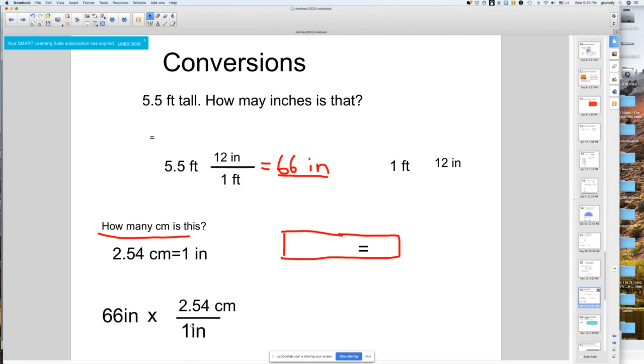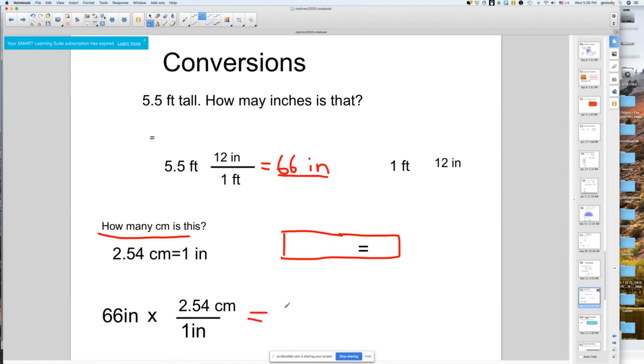And therefore, you get 2.54 times 66. It equals 167.6 inches.